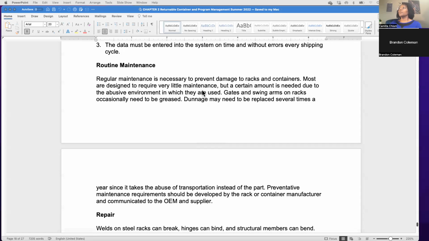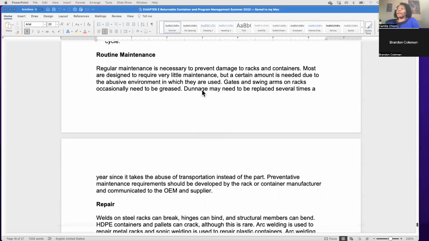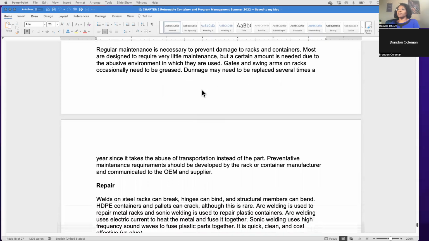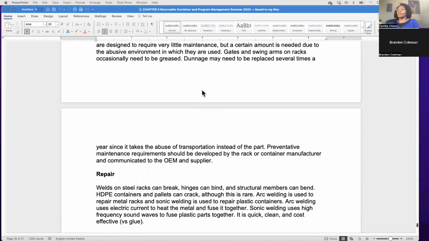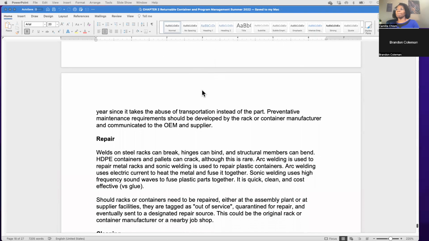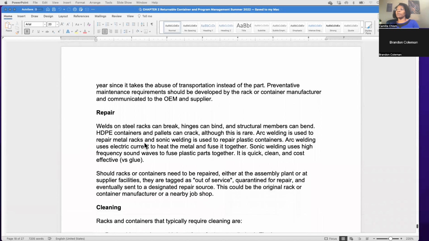We talked about maintenance and repair of the racks and dunnage and packaging in general before. Depending on what it is, if it's something that has a lot of oil or something sensitive to water or dust, those might need to be cleaned more often, or if they're racks that tend to be broken, you can put together a repair process for that.